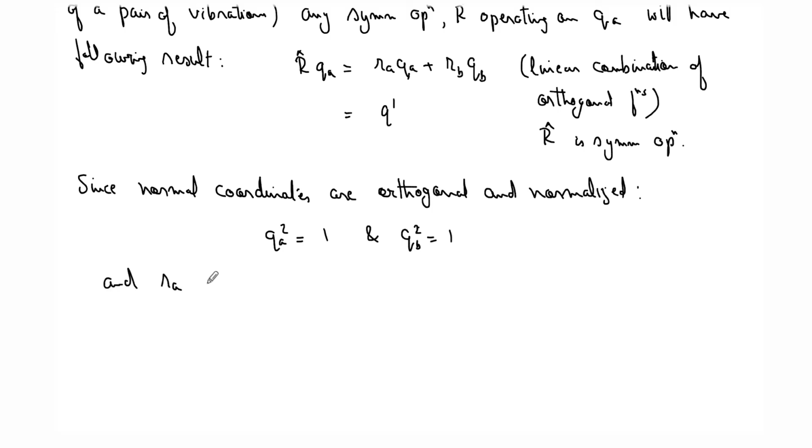And then my RA and RB are so chosen that Q prime square is also equal to 1, because this also has to be normalized, right? This is the normalization condition. So Qi square is also 1. So that means whatever is the value of Qi, like if I am operating symmetry operation onto Q prime, if I square this, I will always get 1, right?